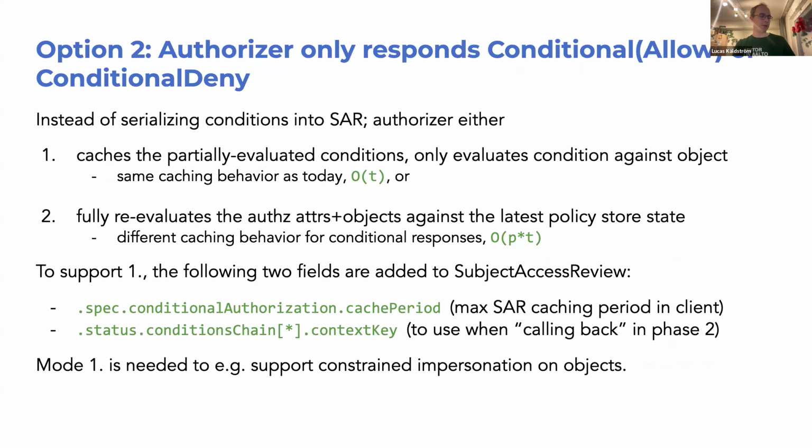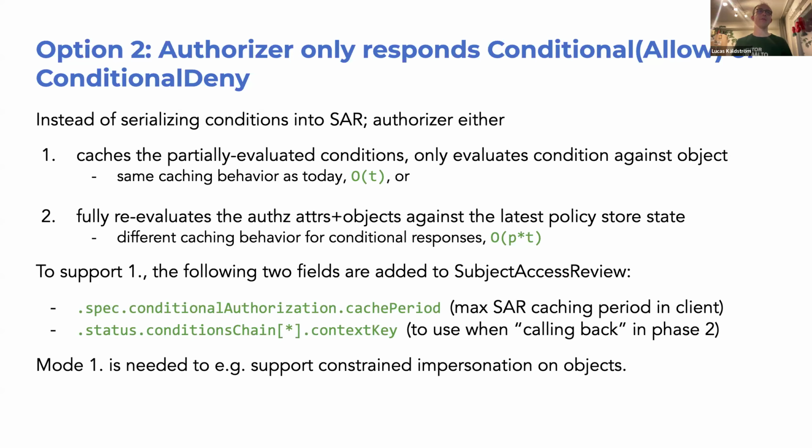So then option two, what we discussed last week, but a little bit more in detail, how it could be made to work with the existing stuff in the cap. Within this, the authorizer falls into two modes.